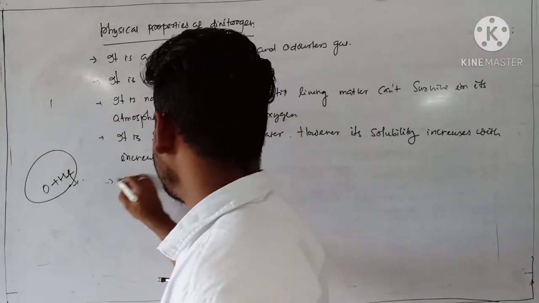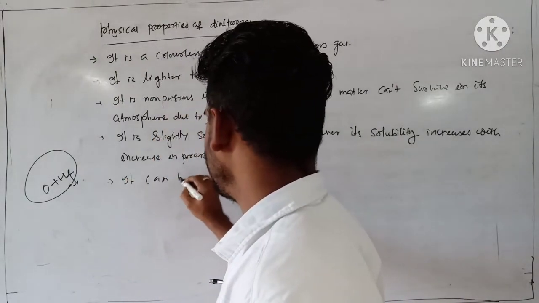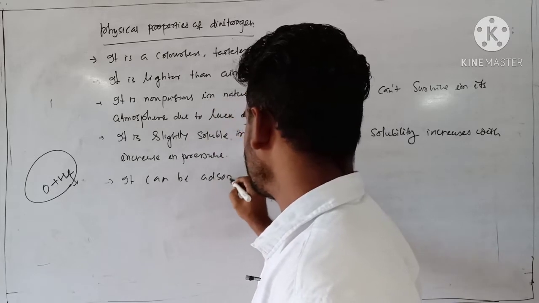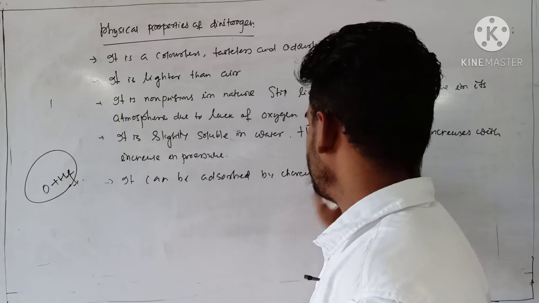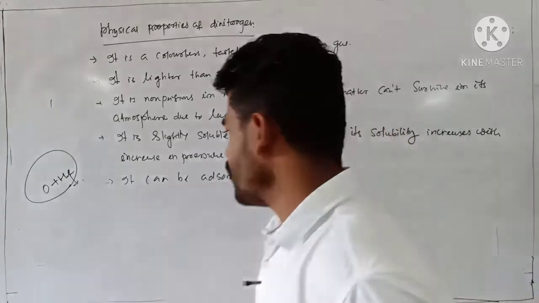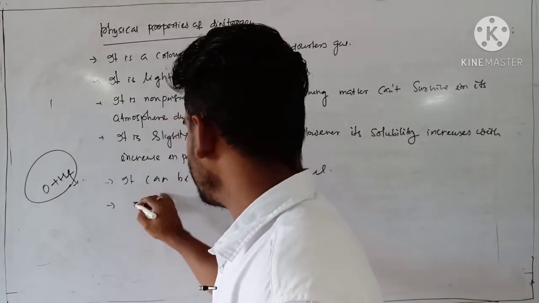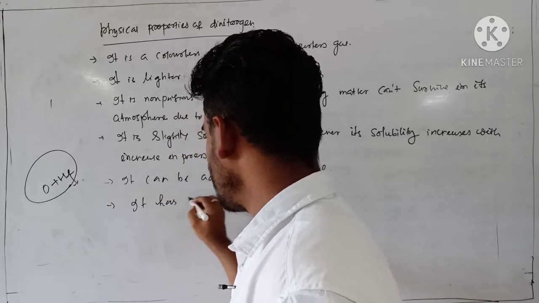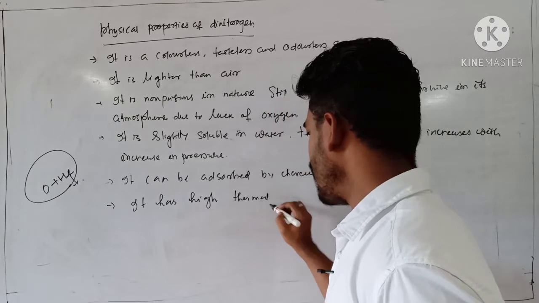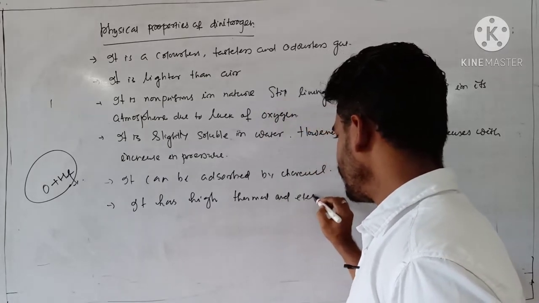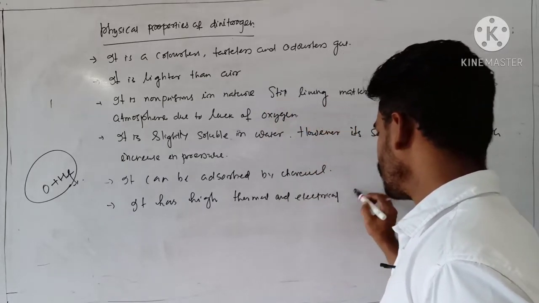Next, it can be adsorbed by charcoal. Again, dinitrogen has high thermal and electrical conductivity.